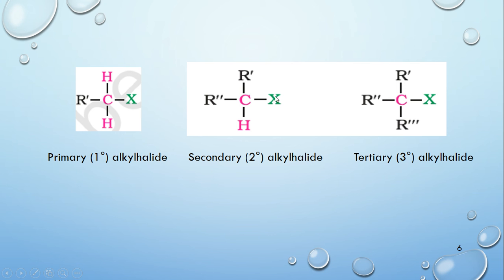In the second structure, we have a halogen which is bonded to a carbon atom, and that carbon atom is bonded to two alkyl groups. So it is called a secondary alkyl halide. And in the third case, we have a halogen atom which is bonded to a carbon atom, and that carbon atom is bonded to three alkyls, and hence the name is tertiary alkyl halide.